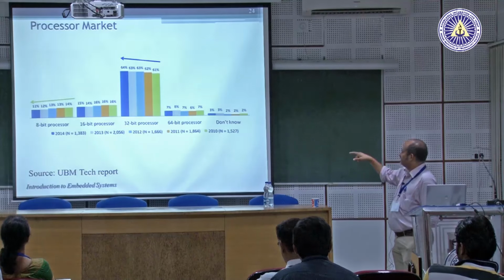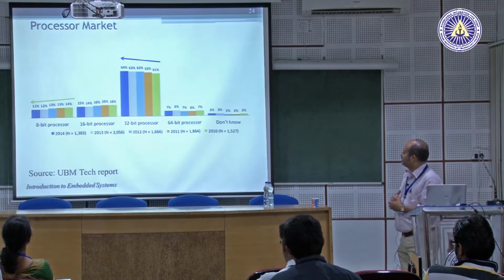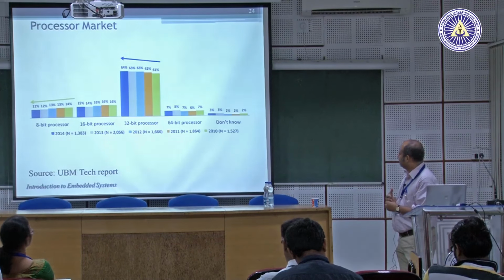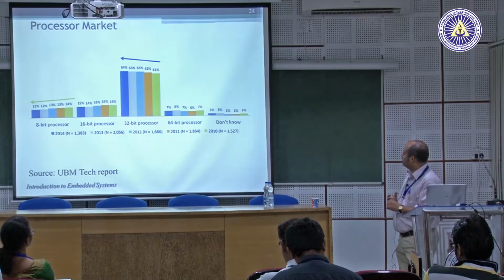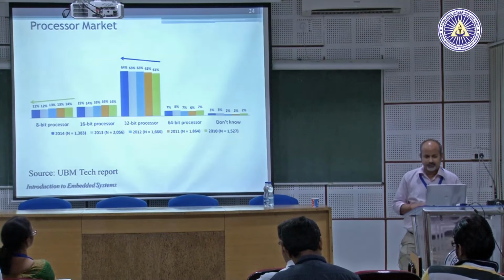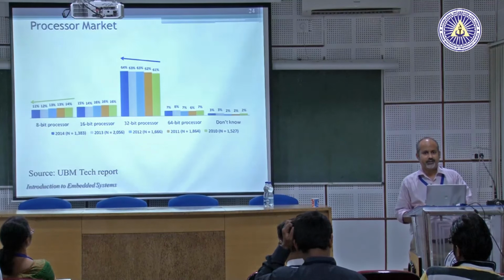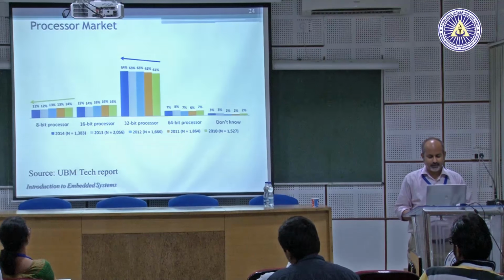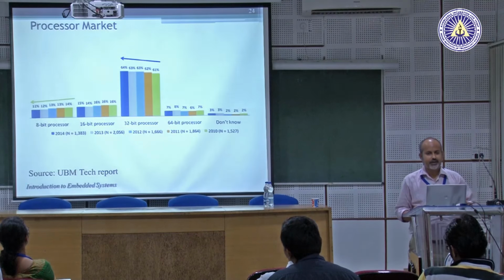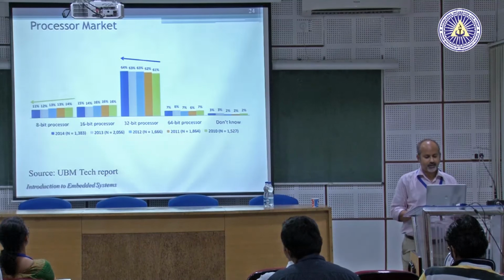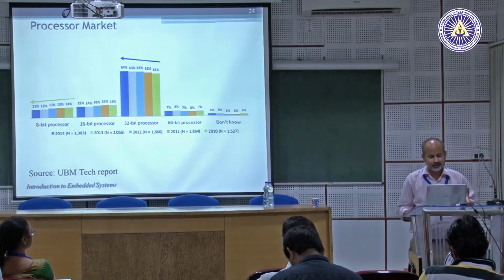And then the 32-bit processors are increasing, and the 64-bit processor is also kind of stable. So you see that the trend is more towards 32 and 16-bit, and not so much into the 8-bit processor. So microcontrollers are not so much needed today.